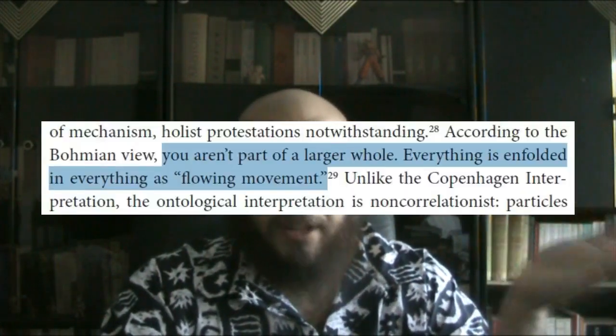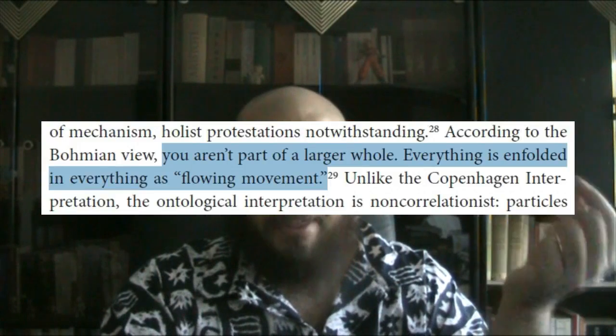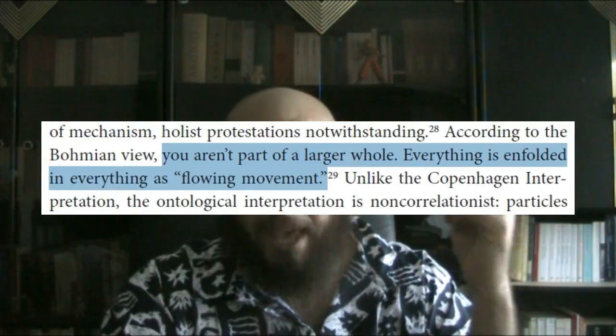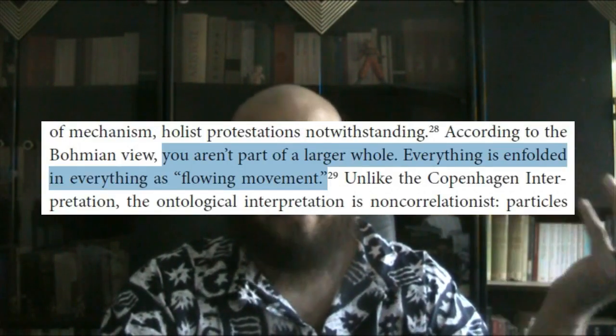We just need to figure out the places in which global warming is happening, and that way we will know where global warming is. But in object-oriented ontology, as well as quantum physics, you cannot separate the part from the whole because, quote, you are not part of a larger whole. Everything is unfolded in everything as flowing movement.